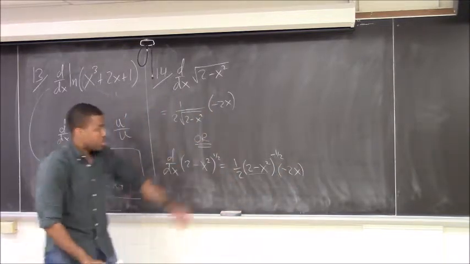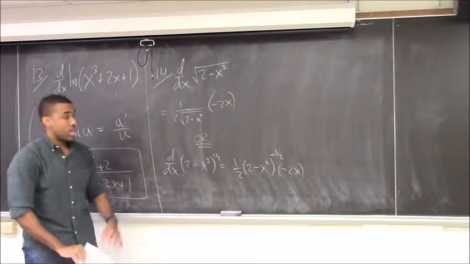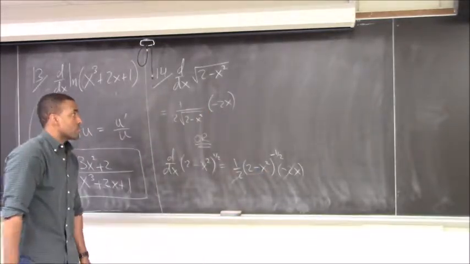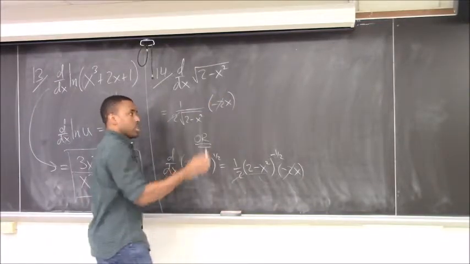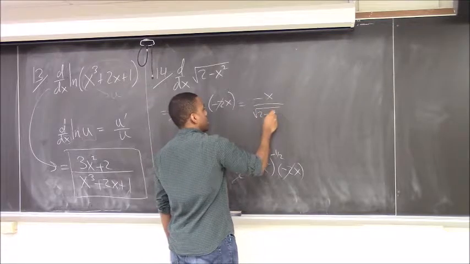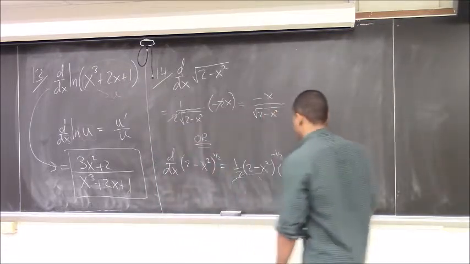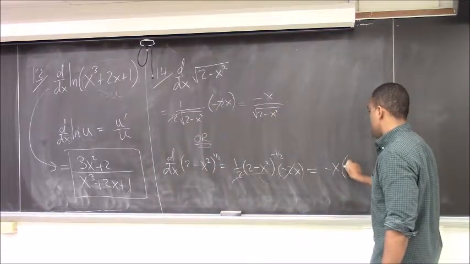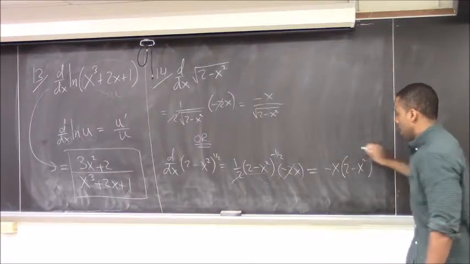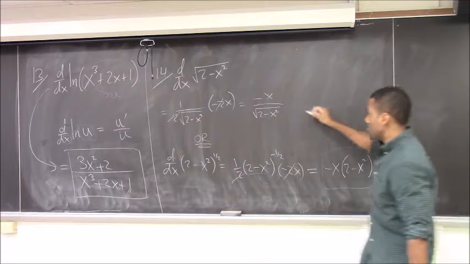These two are both the same. If you bring it underneath, you get that. The 2's can cancel. Similarly, they can cancel here, so I can have minus x over the radical of 2 minus x squared. Or in this case, I would have minus x times 2 minus x squared to the minus a half. Either expression is acceptable to me.